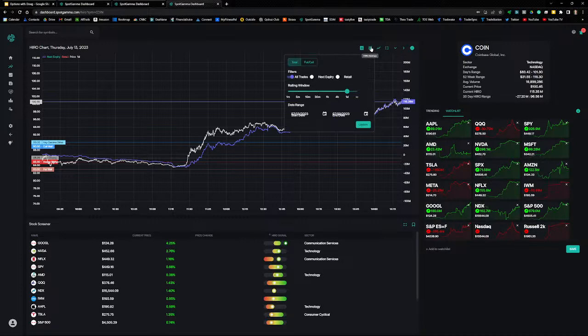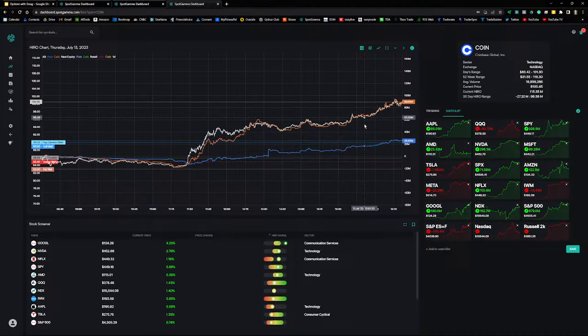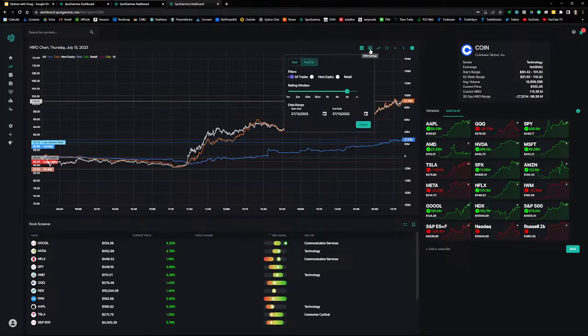And at that time, traders started buying calls. So when traders buy calls, market makers sell the calls, and they have to buy stock to hedge their delta exposure, and that can tend to drive a stock higher. All right, so that's Coinbase.